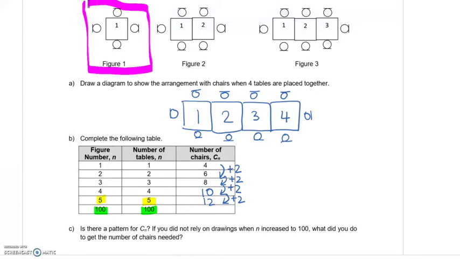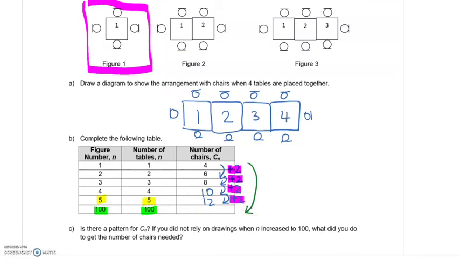In the second figure, all you're doing is adding on 2 more chairs. Okay? This third figure, another 2 more chairs. Fourth figure, another 2 more, so on and so forth. So, how many chairs do we add on from the first table till the 100th table? Well, you notice that there are 99 tables that have been added on.